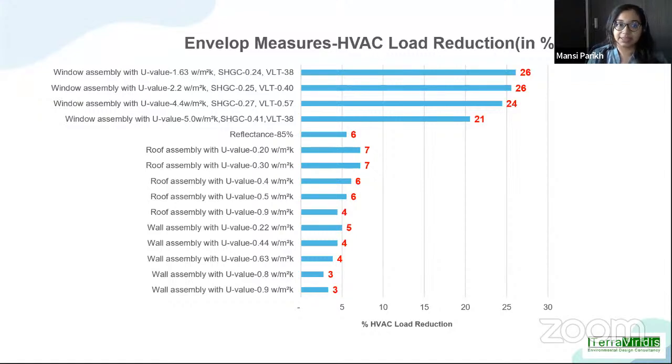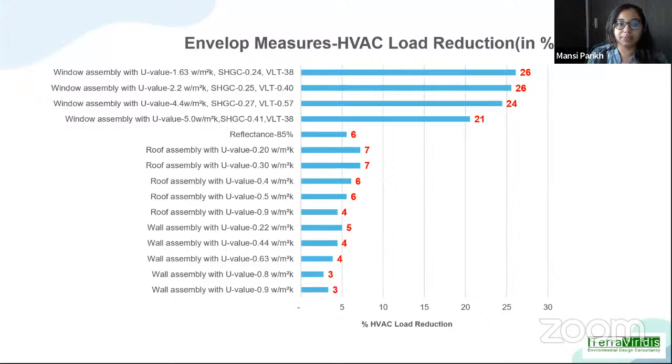As you can see, window or glazing measures have the maximum impact in terms of load reduction in TR, around 24 to 26% for this particular building. For the roof, by insulating it with almost 100 to 125 mm of XPS insulation, we reduced the U value of the roof to almost 0.2 W/m²K. We got a reduction of almost 7% in cooling loads.